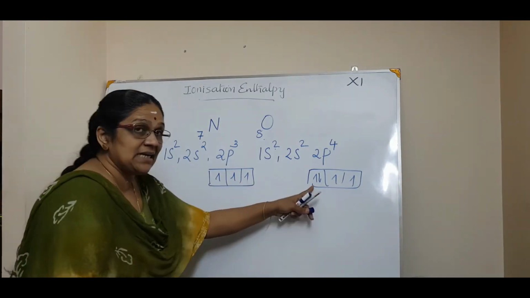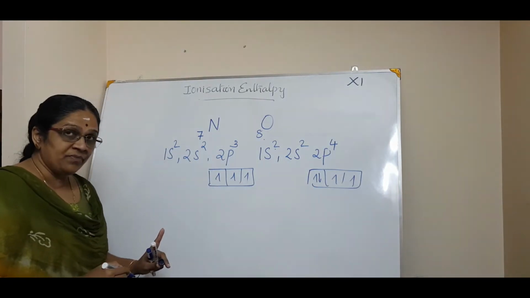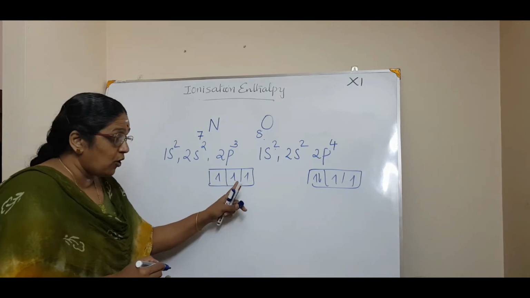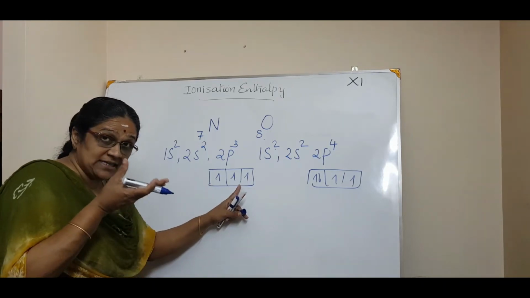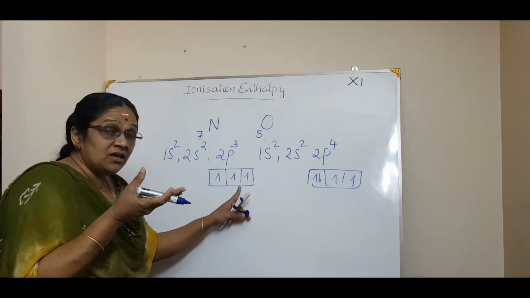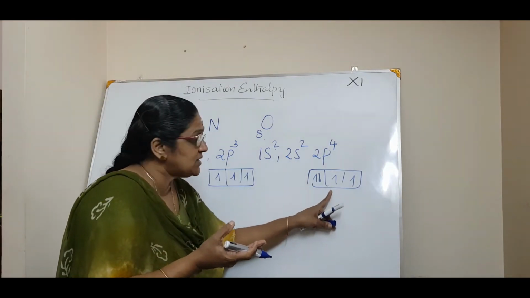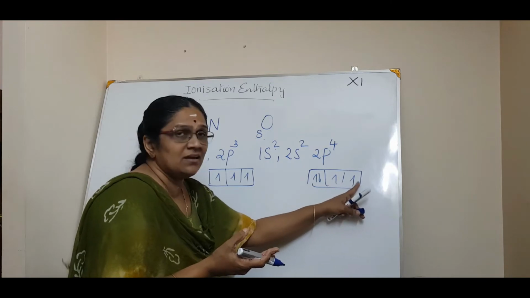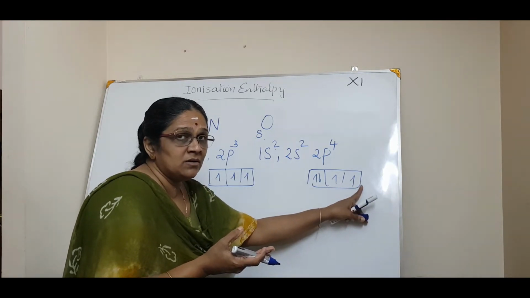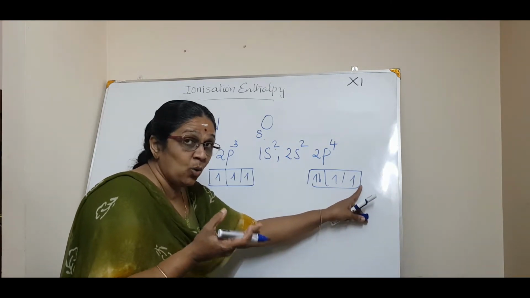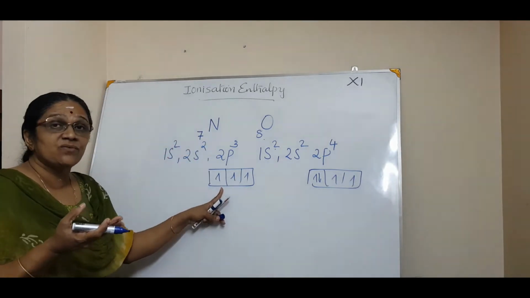So in this situation, knocking out an electron from a stable configuration is more difficult. Here in oxygen there are 2 electrons in one orbital, so one can be knocked out with an energy lower than in the case of nitrogen.